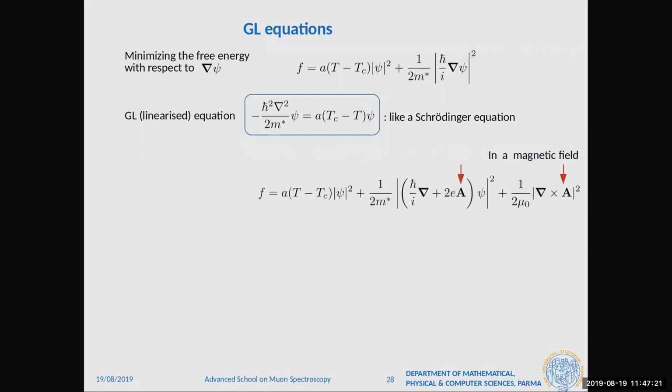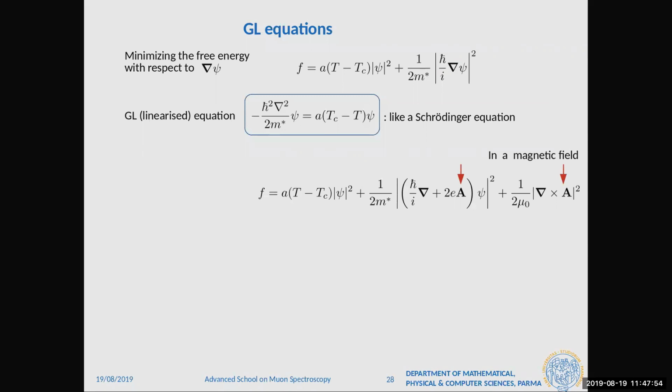So, okay, so this, I haven't derived it, it's simple. This is the solution that you get when you minimize that. Now, let me take this. If you do that in a field, you have to go from here to substituting something like the minimal substitution and then adding the magnetic energy. So there is a standard way of writing the free energy in a field, which is this. Now we have to minimize with two parameters on top of the order parameter.